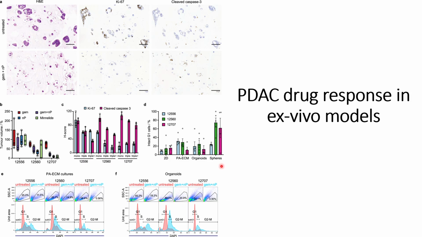So this shows that other models such as organoids do not show the proper representation or characterization of the pancreatic cancer cells when compared with the in vivo pancreatic cancer tissues, whereas PA-ECM shows better characterization and resembles more closely the in vivo pancreatic cancer cells.